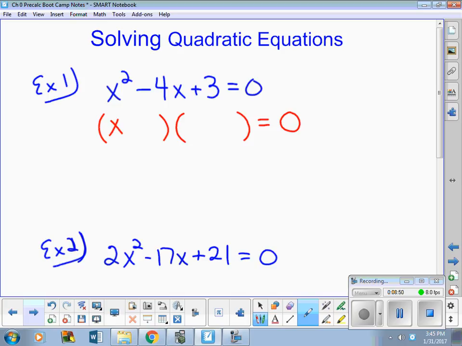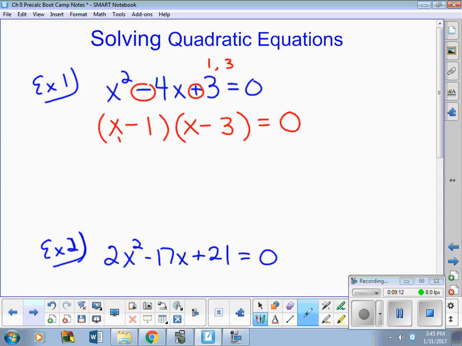If you remember factoring, the first terms in each binomial is x. The next term has to be negative because our last term is positive and our middle term is negative. And think of two numbers that multiply to 3, the factors of 3, 1 and 3.